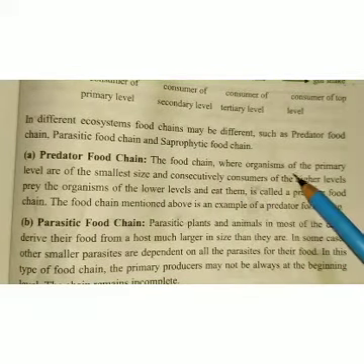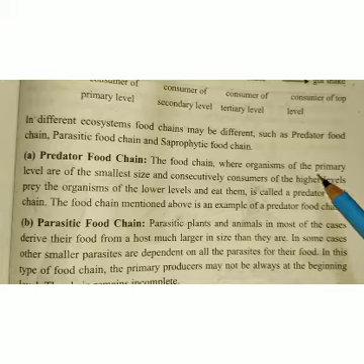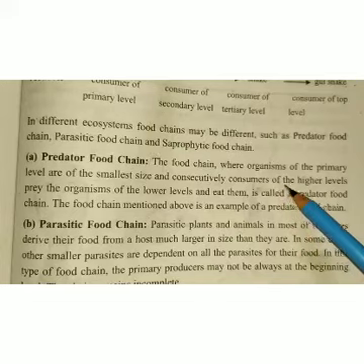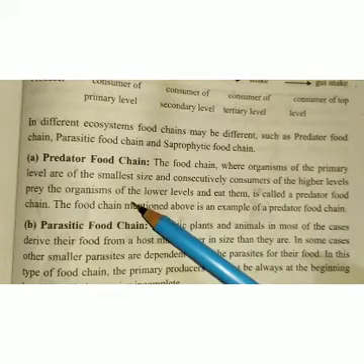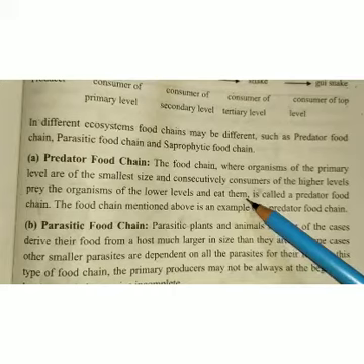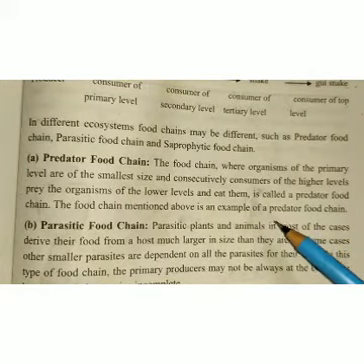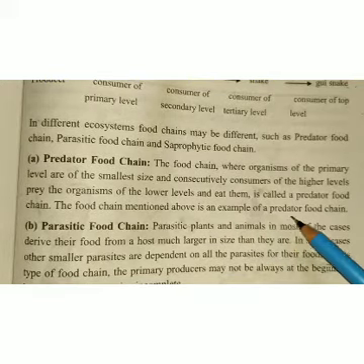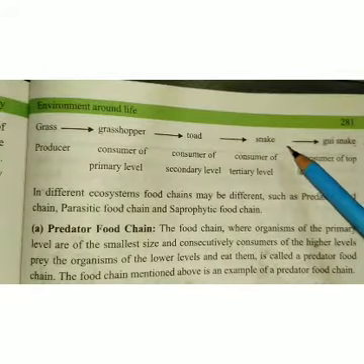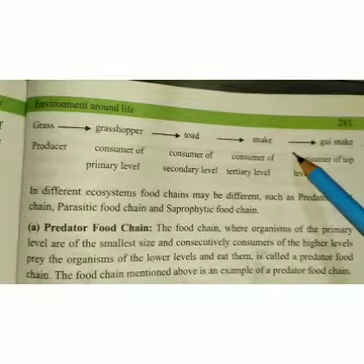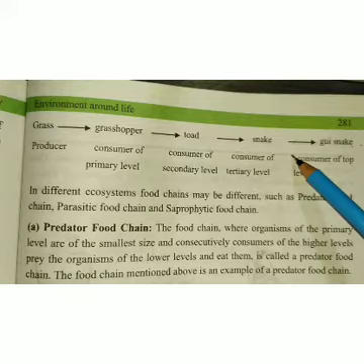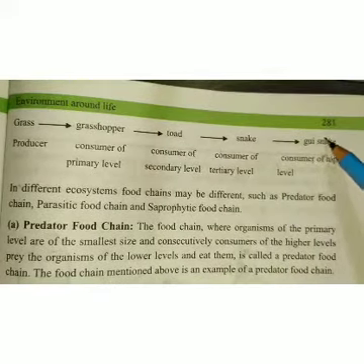The food chain where organisms of the primary level are of the smallest size, and consequently consumers of the higher level prey on the organisms of the lower level and eat them, is called a predator food chain. The food chain mentioned above is an example of a predator food chain. There, grass is the producer, grasshopper the consumer of primary level, toad secondary level, snake tertiary level, and the large snake is the top level.